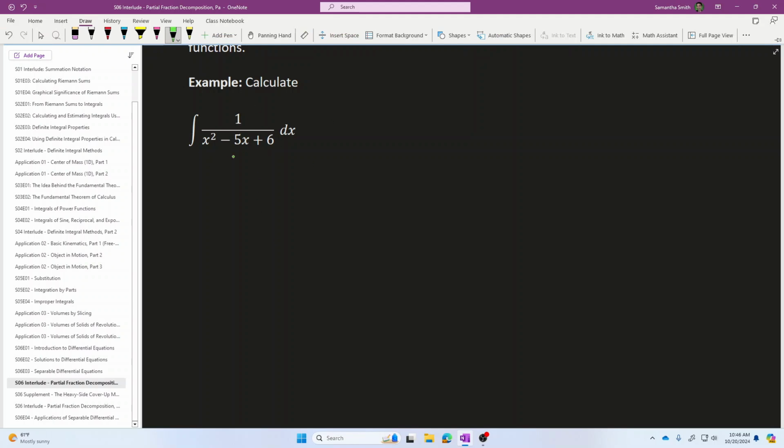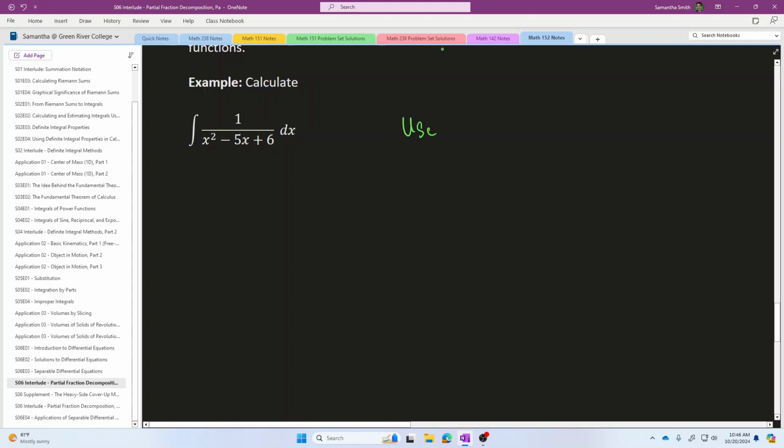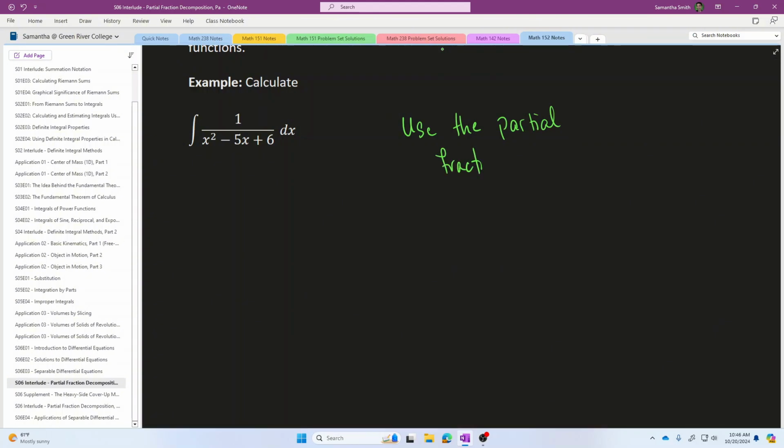This is too complicated to integrate as it currently stands, but I can use the partial fraction decomposition to rewrite the integrand as something that is much easier to calculate.